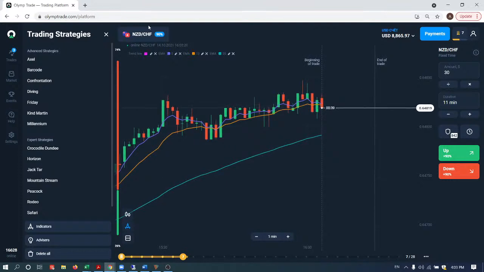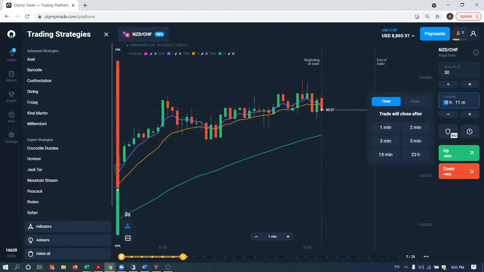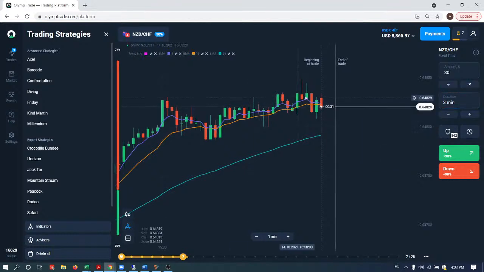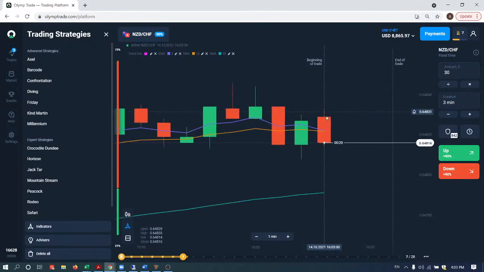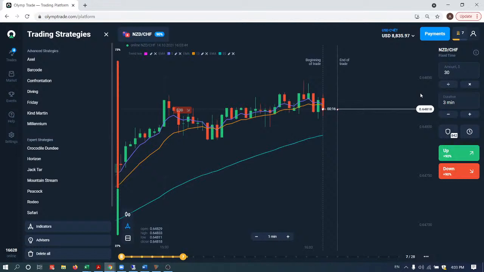Okay, I have in mind a strategy called Friday. And Friday strategy is based on basically intersection of two simple moving averages, like here in this example. So once they cross, we open a trade, either in the upwards or in the downwards direction.